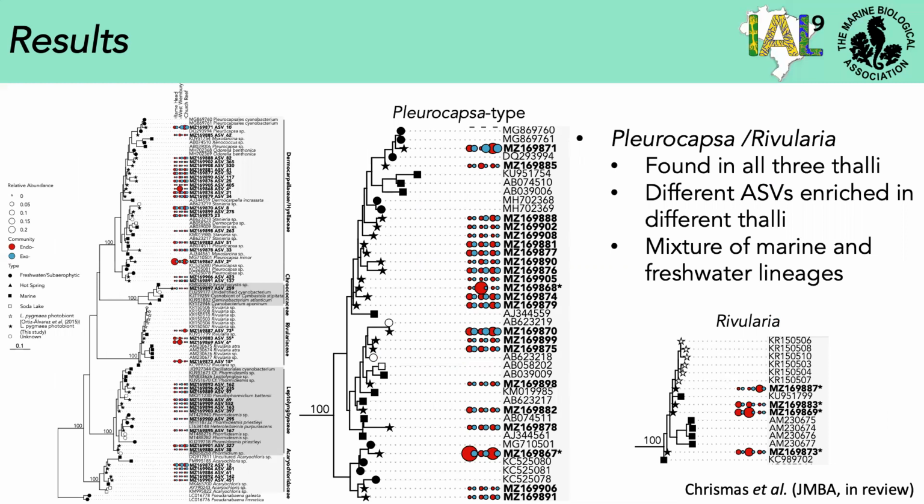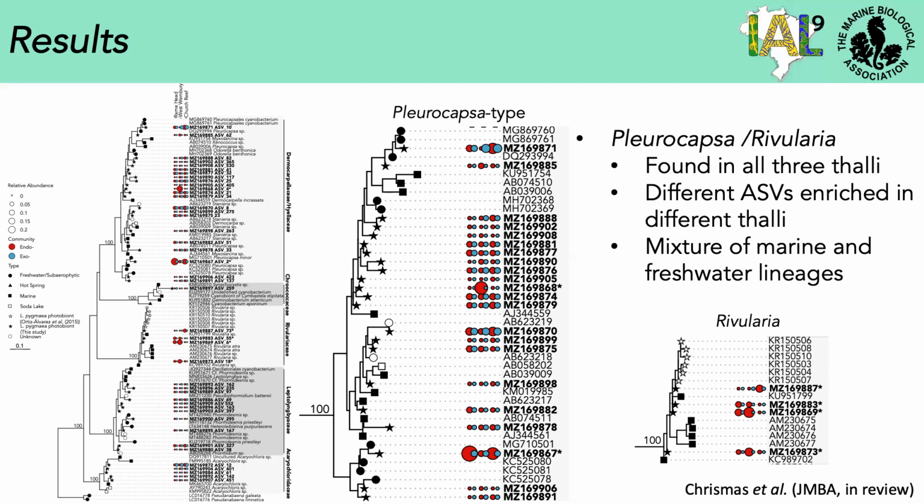Looking at the cyanobacterial ASVs in a bit more detail, there are a couple of things to take note of. Firstly, different sequence variants are enriched in different thalli, suggesting that the cyanobacterial photobiont populations are independent in each thallus. Second, these Pluricapsa-like ASVs derived from a mixture of marine and freshwater or terrestrial lineages.